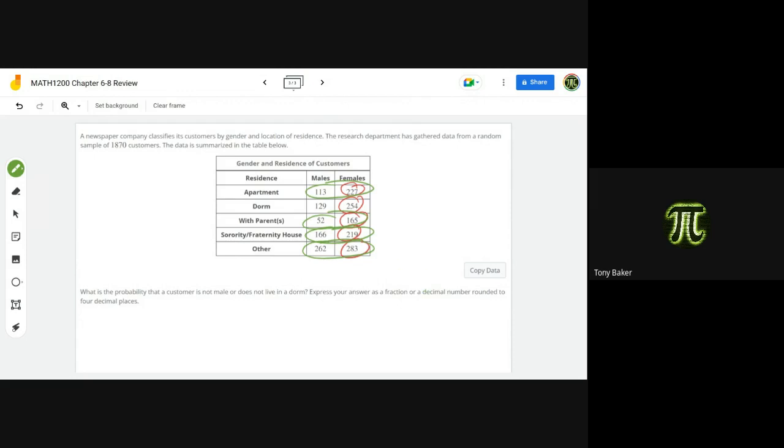So the red is not male, and the green is not dorm. Okay. So we would add up everything.